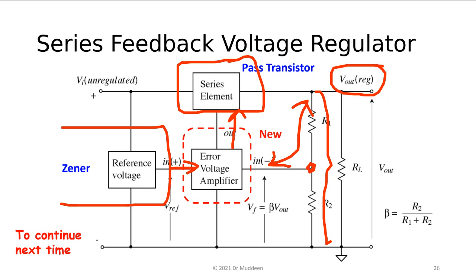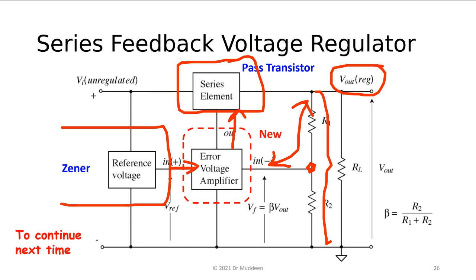This little circuit is going to send a signal to the series element, so that if this output voltage varies, for instance, the load changes or the load shorts out, the error amplifier is going to stop the signal going to the series element and shut it down.